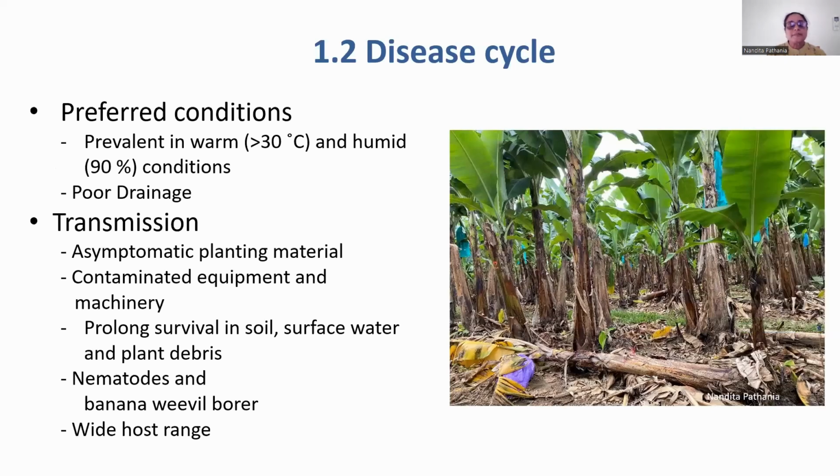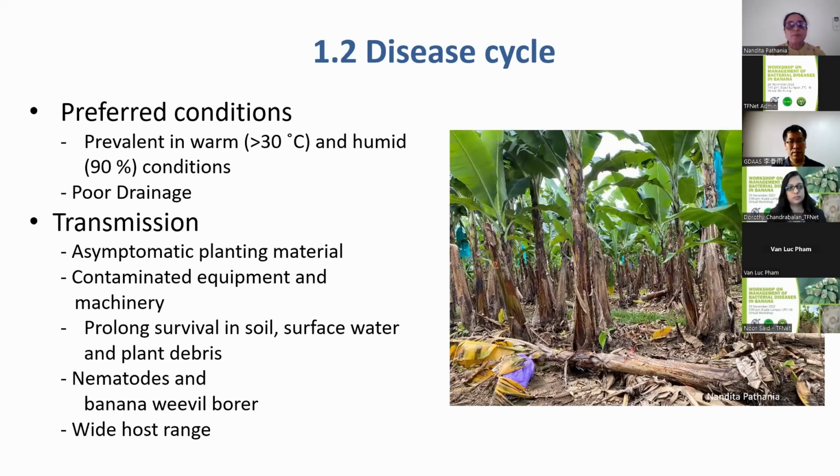For the establishment of bacterial corm rot, the preferred conditions are warm, humid and waterlogged conditions, and it occurs more in poorly drained areas of the plantations.